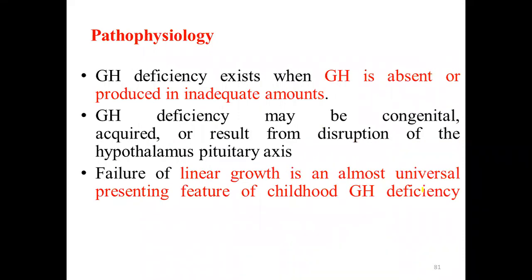In short, the pathophysiology of growth hormone deficiency is that it exists when growth hormone is absent or produced in inadequate amounts. The deficiency can be congenital, as I mentioned before. It can even be acquired, maybe after birth, or it could result from disruption of the hypothalamus-pituitary axis.